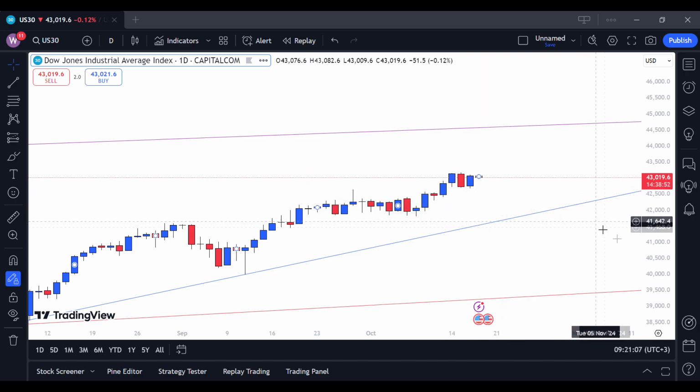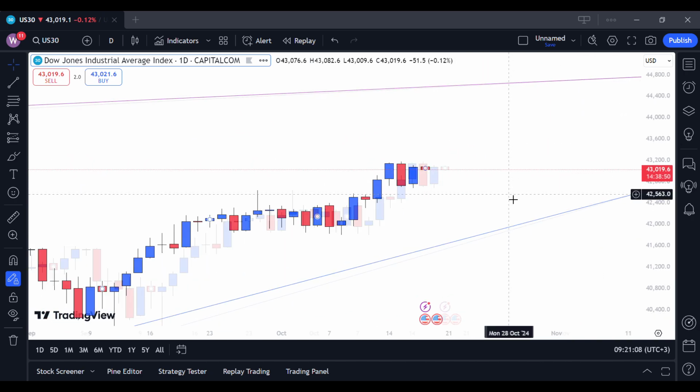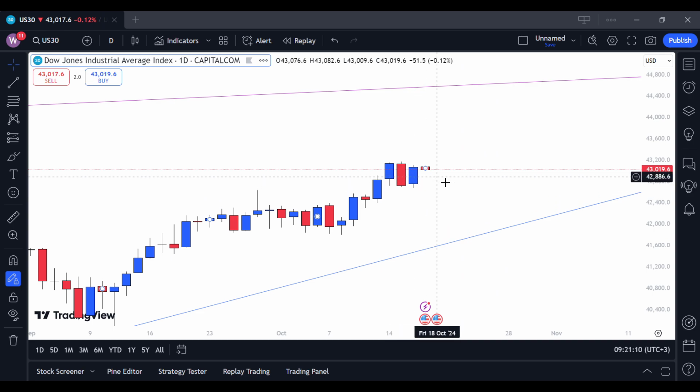So look at the daily. As you can see, we have a clear uptrend, and yesterday, I can't call this an inside bar candle, but yesterday this candle failed to break the high of the previous day.